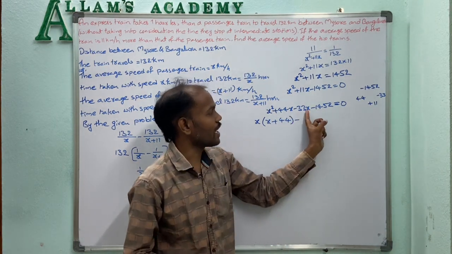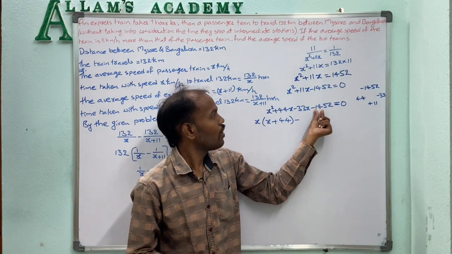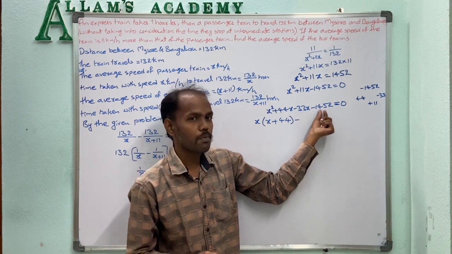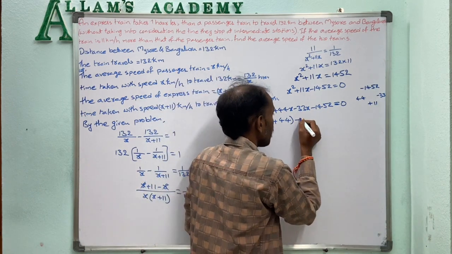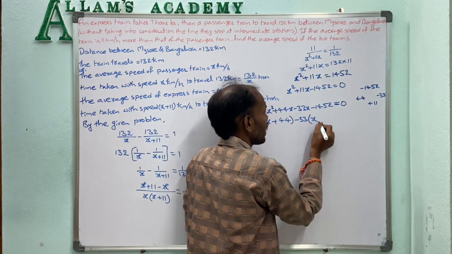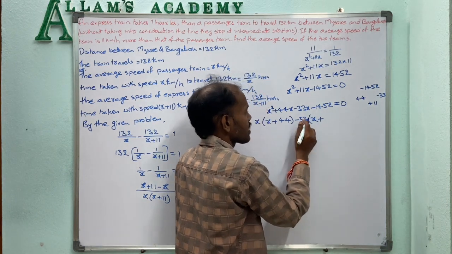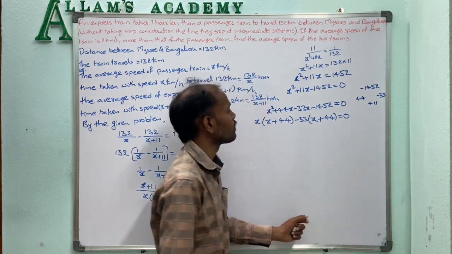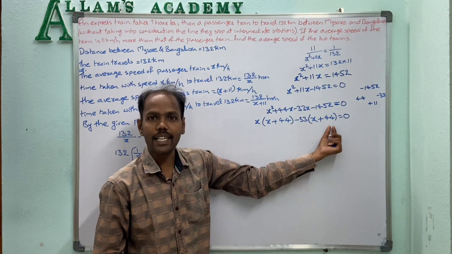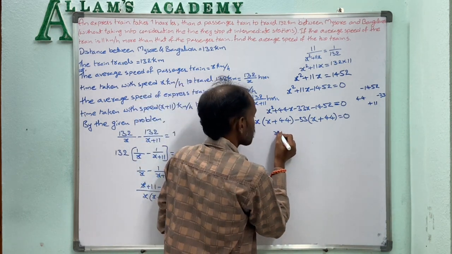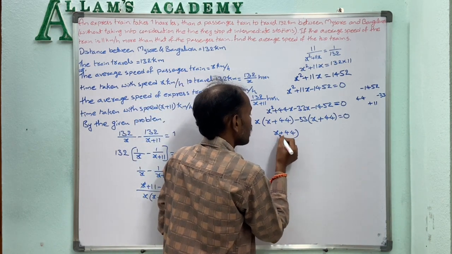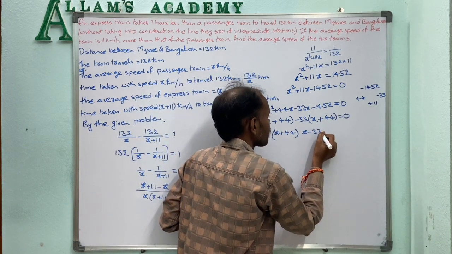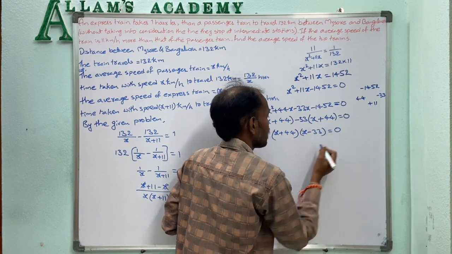Now 33x is 33 into x, and 1452 is 33 into 44. In both, 33 is common. Taking minus 33 common, we get x plus 44, since minus into minus is plus, and 33 into 44 is 1452. Now x plus 44 is the common factor for both. Taking x plus 44 common, what remains is x and minus 33. So x plus 44 into x minus 33 equals 0.